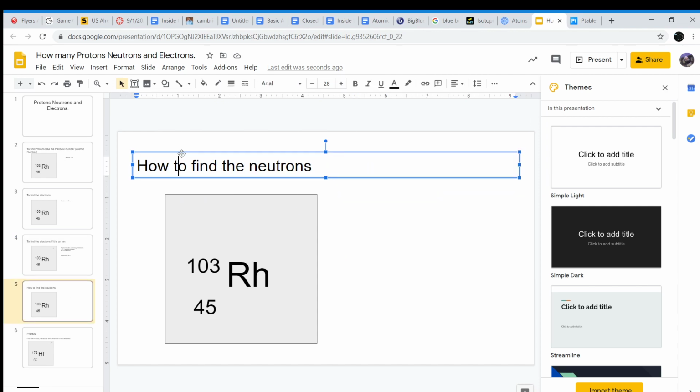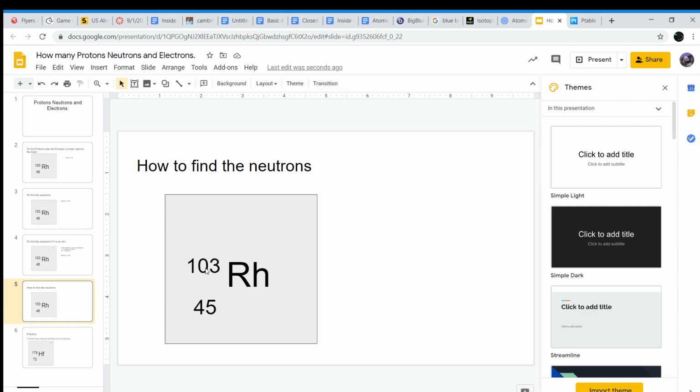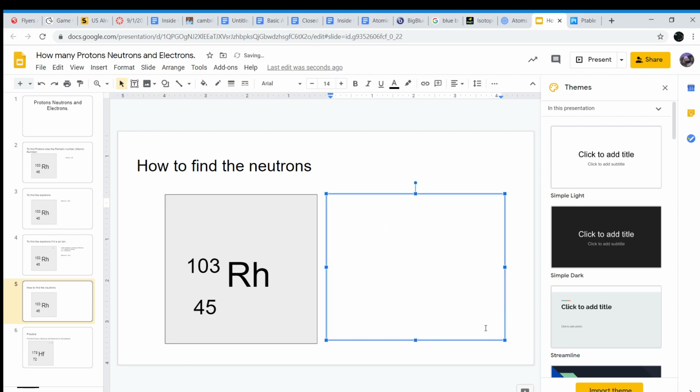The last question is how do you find the neutrons? This is where the mass number comes in. The mass number is a number that specifically indicates the number of protons plus the number of neutrons.